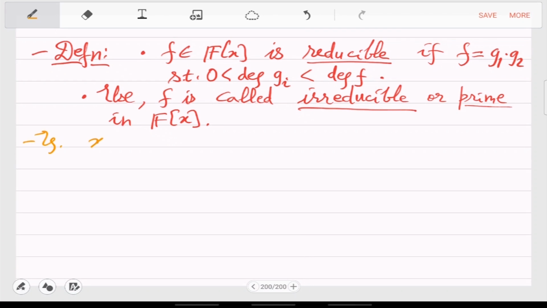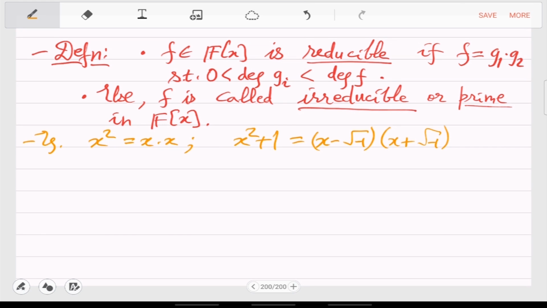What about x square? x square is reducible, right? What about x square plus 1 over the reals? Yeah, it's irreducible, because the only way this can factor is as (x minus square root of minus 1) times (x plus square root of minus 1), but these are not in the real field. So you learn two things.